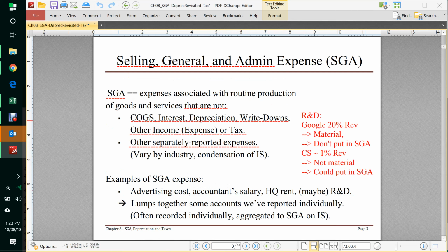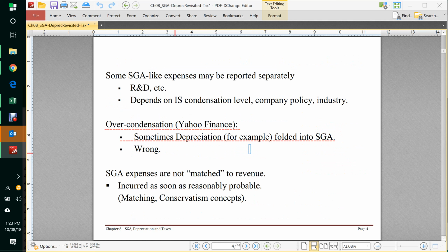Depreciation never goes into SGA. And how does that happen? They hire computer science graduates who have never had an awesome accounting or finance course, like this awesome accounting course, and they don't know the rules, and they read something on the internet and get things wrong, and it goes into Yahoo Finance. So you want to be careful about that.